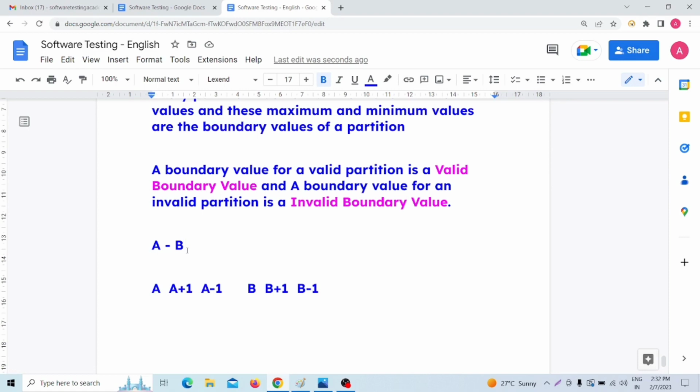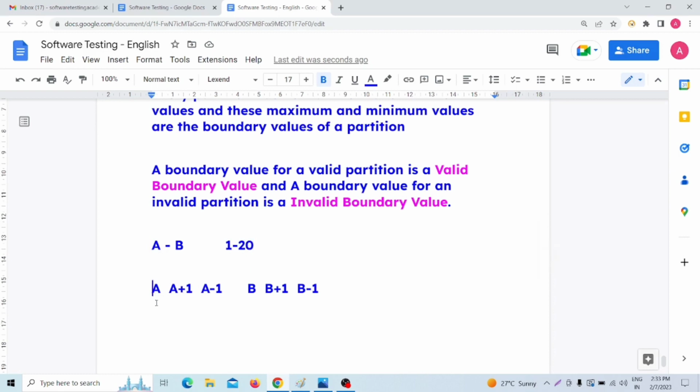Suppose there is a text field that accepts 1 to 20 digits. That means A is 1 and B is 20.